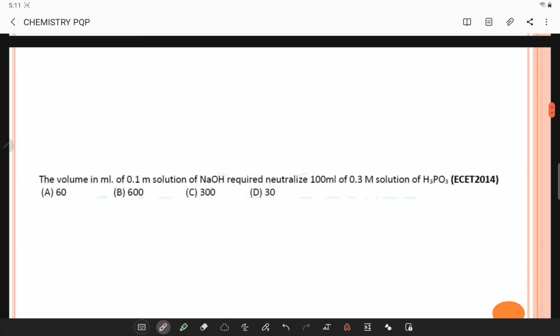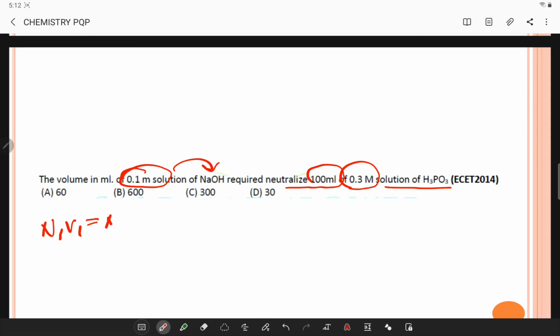so the volume in milliliters of a 0.1 molar solution of sodium hydroxide required to neutralize 100 ml of 0.3 molar solution of H3PO3. Now we remember, we also know that N1V1 is equal to N2V2, where N2 is the molarity into basicity for H3PO3.